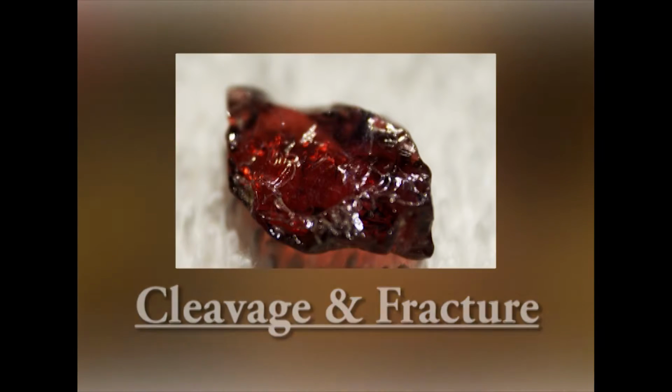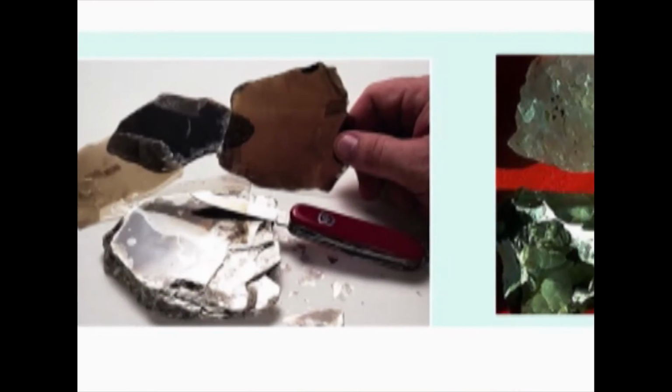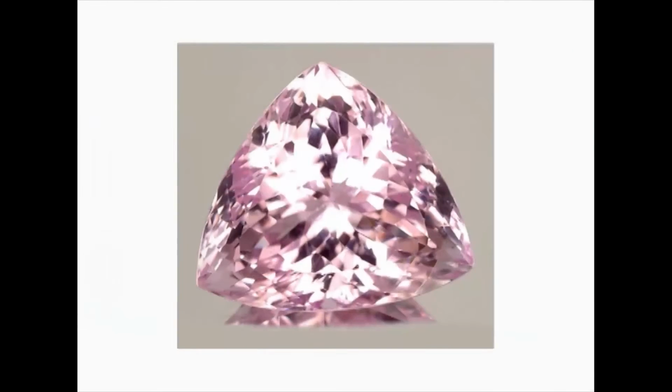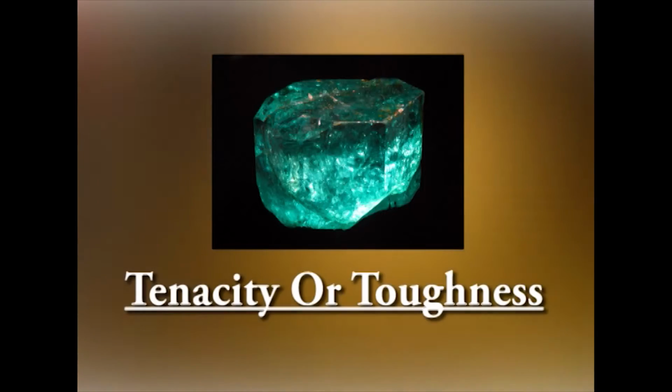Cleavage and fracture. Cleavage is the splitting of gems and minerals along one of the planes related to the stone's structure. Crystalline minerals have cleavage and fracture, whereas amorphous or massive stones only fracture. Tenacity or toughness.